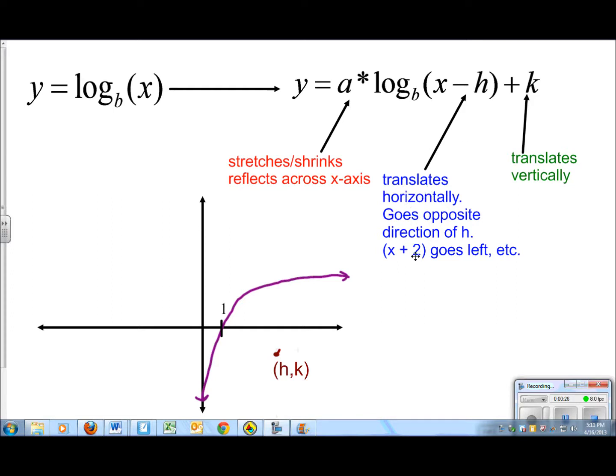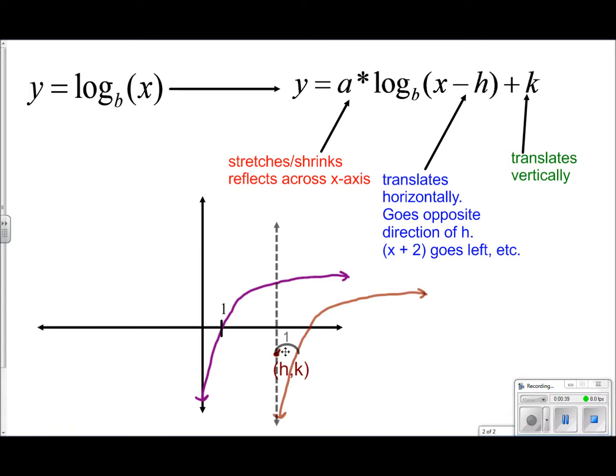So, like I said before, an x plus 2 would go to the left, and it translates vertically with a plus k at the end of that. And so we could see, given our coordinates h comma k, if we were to plot that, the vertical asymptote that was at x equals 0 is now at x equals h.